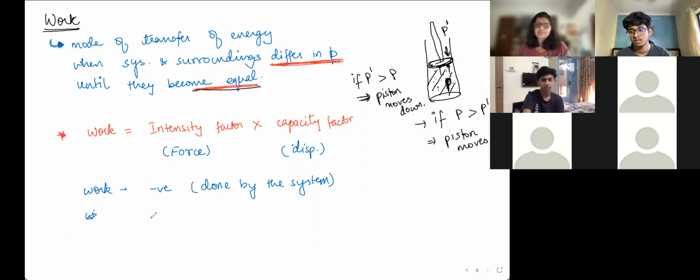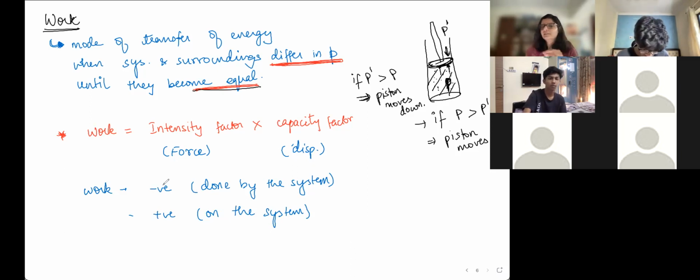And when work is done on the system, it takes a positive value because something else is doing the work on the system, adding energy. So numerically, if you end up at a negative value after completing the calculation, it means that work is done by the system. If you end up with a positive value, work is done on the system.